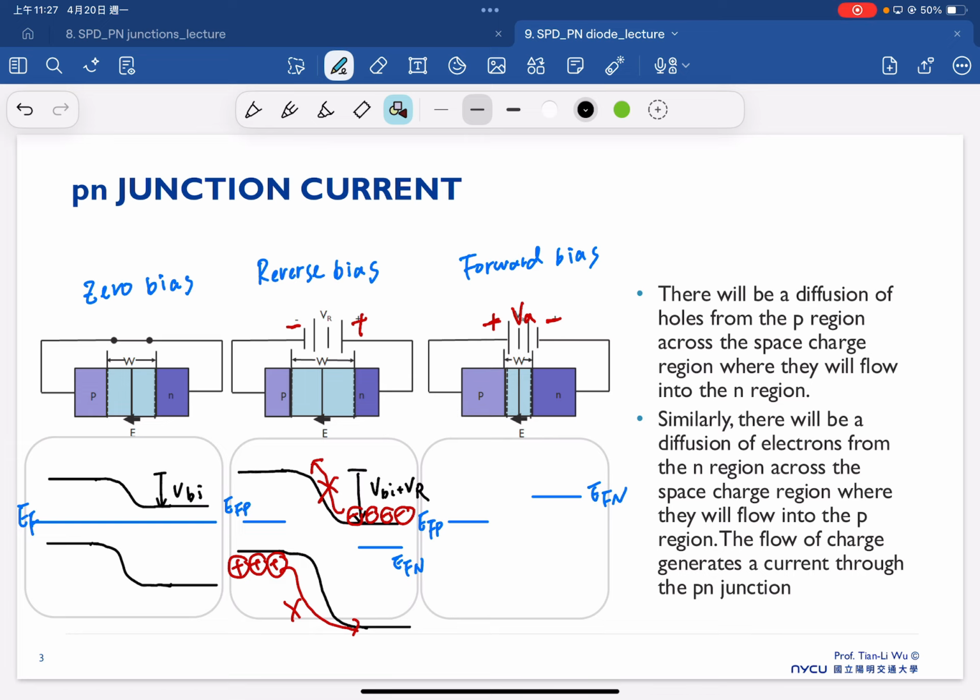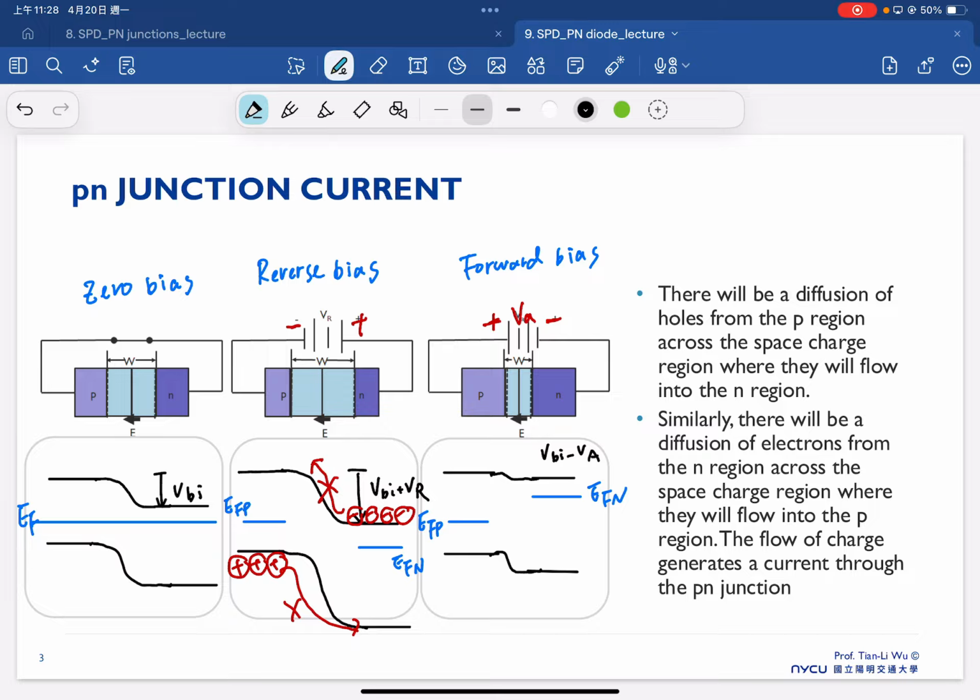This will cause a difference in the barrier. This is the P region, and on the right-hand side is the N region, and therefore the conduction band becomes something like this, as shown here. Now we can see the barrier here becomes smaller, and the barrier becomes VBI minus VA.